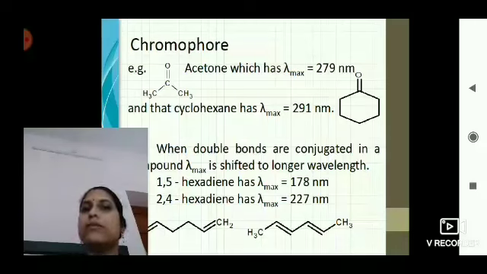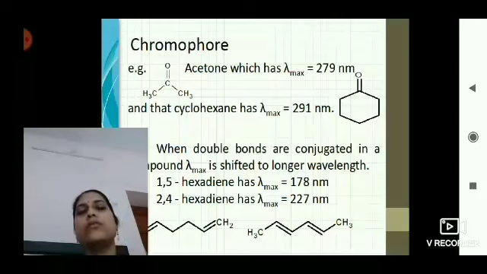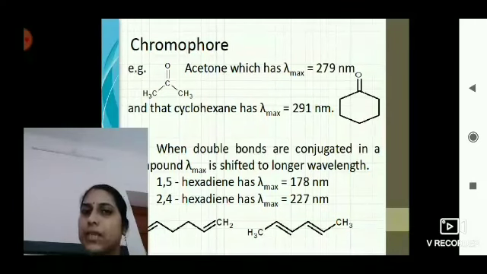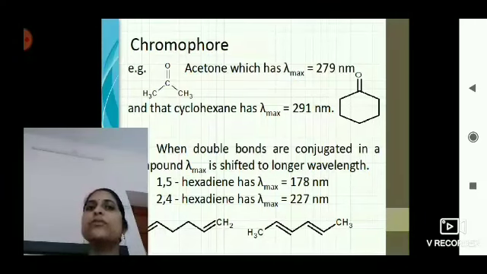This value of lambda max will increase, means energy will decrease, when there is conjugation in the compound. So when there is an increase in conjugation, consequently the lambda max value will increase.